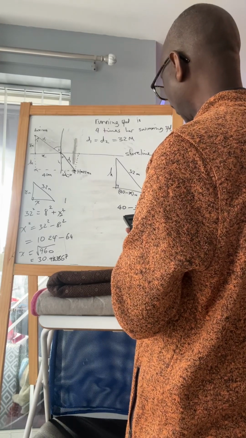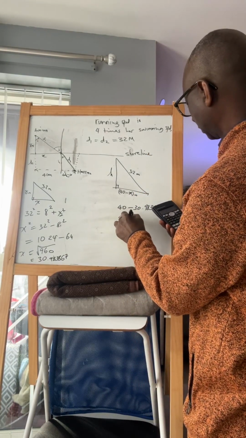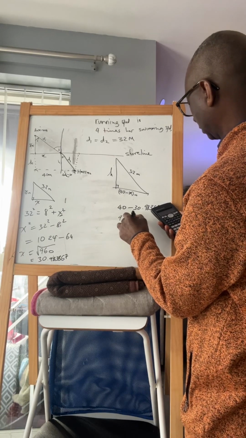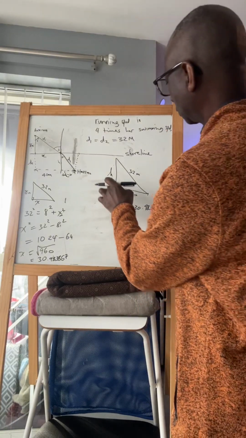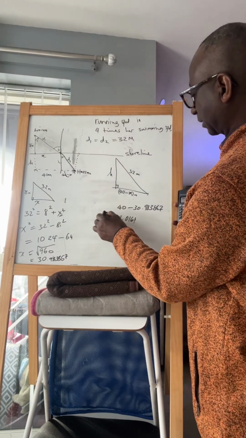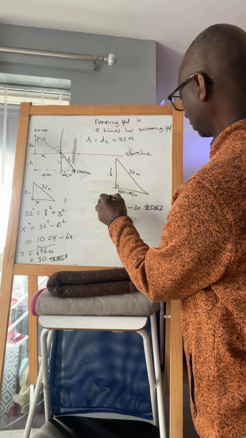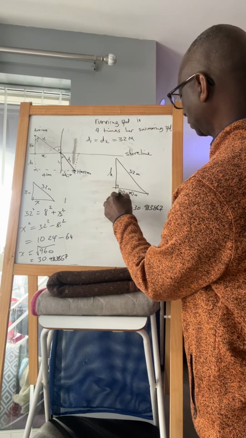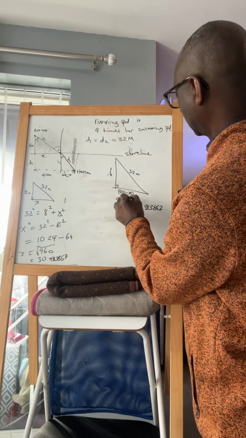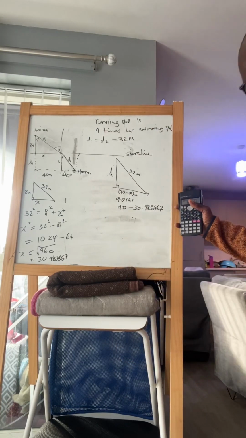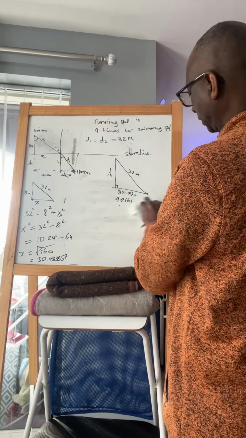So you get 9.0161. Yeah, so that is it. You got this value down here now, 9.0161. That is that value there, 40 minus x. That is what you get.